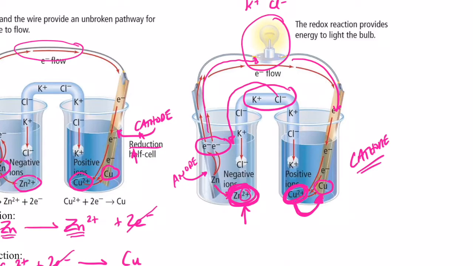So we're losing copper 2 pluses, so the potassium ions in the salt bridge will migrate towards the cathode side to balance the charge. So the purpose of that salt bridge is to balance the charge because positives are being produced or being lost depending upon what electrode you're dealing with.